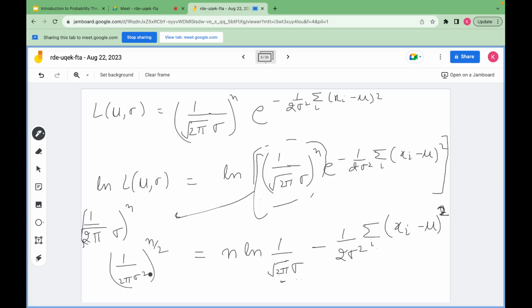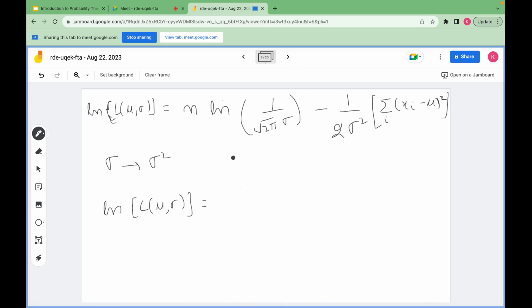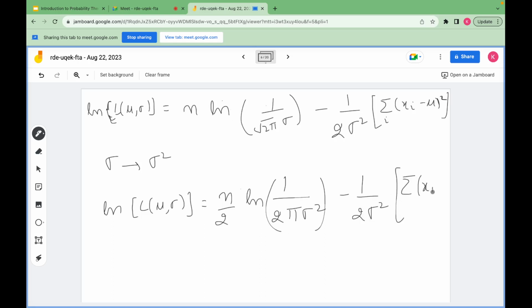Okay, I can write this quantity like this. So by doing that, this equation will become n by 2 ln 1 upon 2 pi sigma square minus 1 upon 2 sigma square summation of (xi minus mu) whole square.